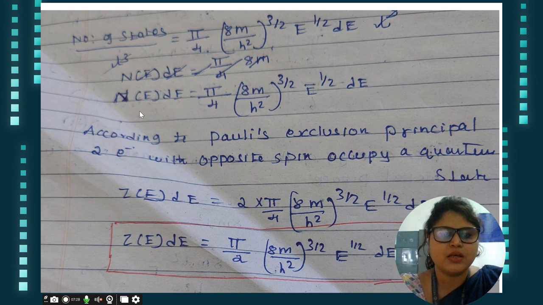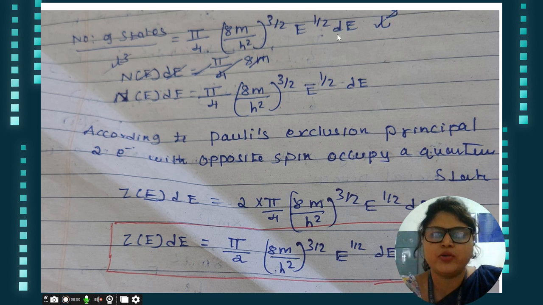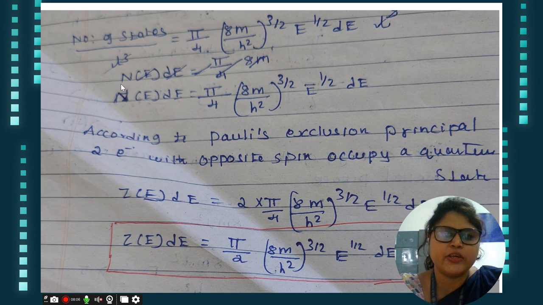Because we have already seen that the number of energy states divided by the volume is the density of energy states. So the number of energy states divided by L³, where L is nothing but a, both sides of the metal piece, will be pi by 4 (8m/h²)^(3/2) E^(1/2) dE into L. So this L³ will get cancelled.